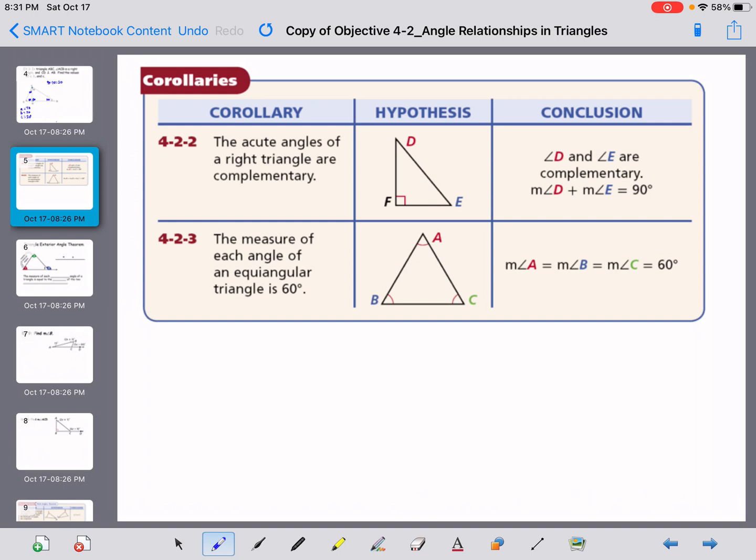That means if you added D and E in this example, those would equal 90 degrees. The other one says that the measure of each angle of an equiangular triangle is 60 degrees. So if you know the triangle is equiangular, then each one of those angles will be 60 degrees.